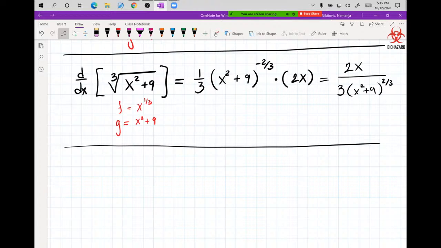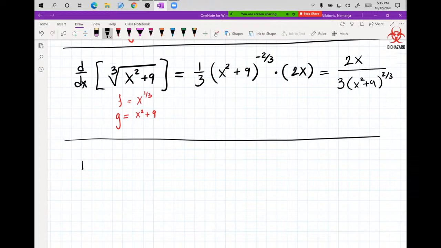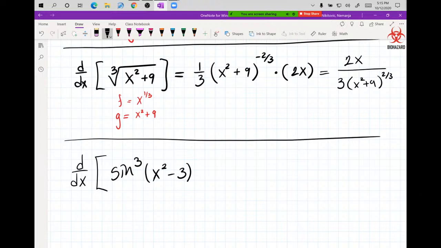All right, let's make this now interesting. The derivative of sine cubed of x squared minus 3, whatever.